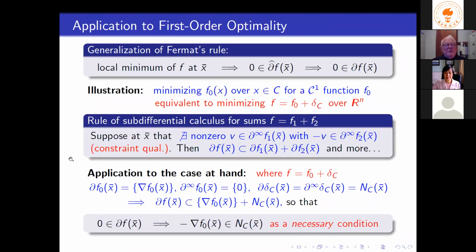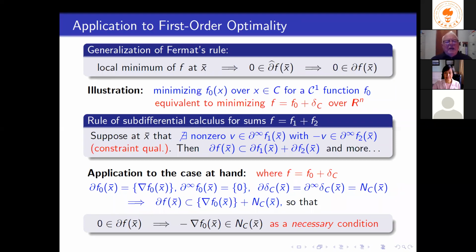And now let's get into optimality. So we have the generalization of Fermat's rule. Fermat's rule goes back to Fermat, a Frenchman of the 16th or 17th century, I believe, who noticed, or is said to have noticed, that if you look at a function of a real variable and you look at where it has a maximum, there's something about the slope being 0.